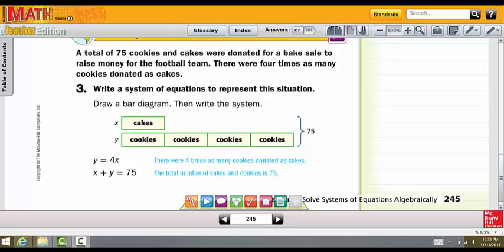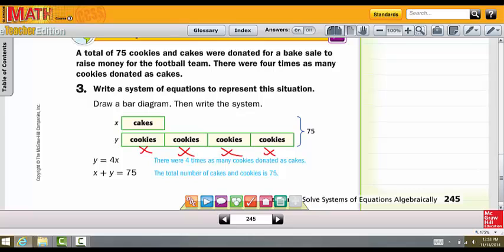Now write a system of equations. Well, in the beginning it says there were 4 times as many cookies donated as cakes. So we've got y equals 4x. That's shown right here because this cake being x, we could consider this, and this equal to this, so we could call that x. So y equals 4x.